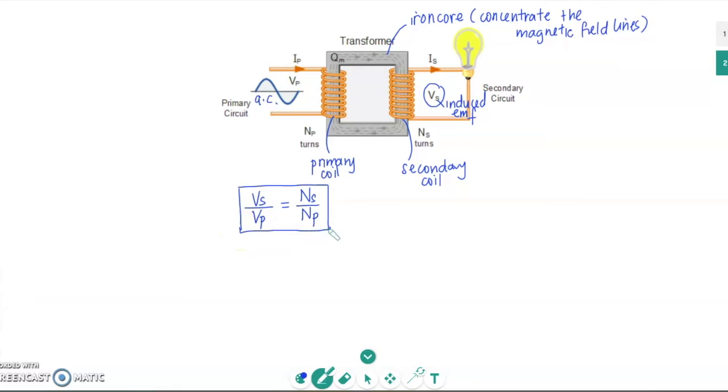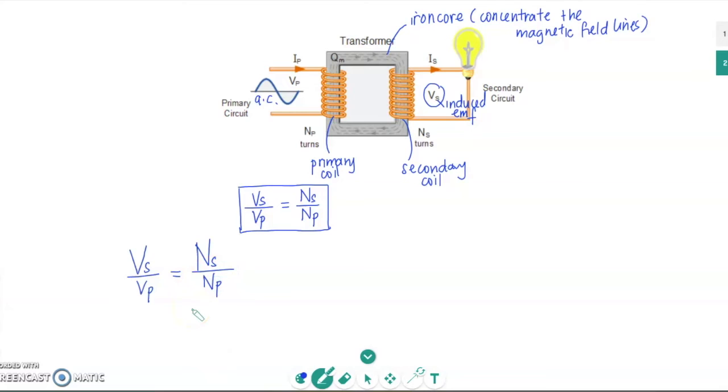And this tells us that if we have a larger number of turns in the secondary coil than the primary coil, we're going to get a larger induced EMF. So if we want a larger voltage induced at the secondary coil, we can have more turns at the secondary coil, right?